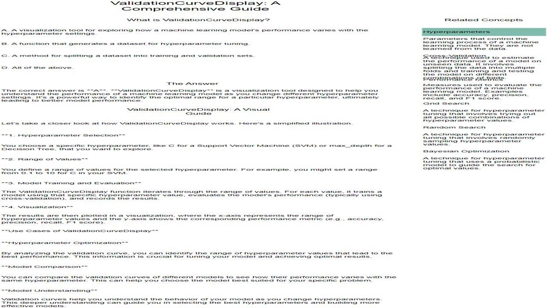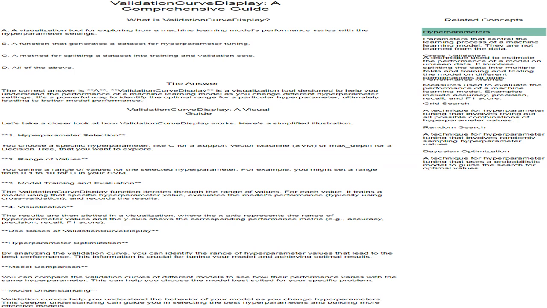Data augmentation. Incorrect. Splitting a dataset into training and validation sets is a standard data preparation technique. Validation curve display assumes this is done beforehand and then analyzes the model's performance on the validation set across different hyperparameter values.